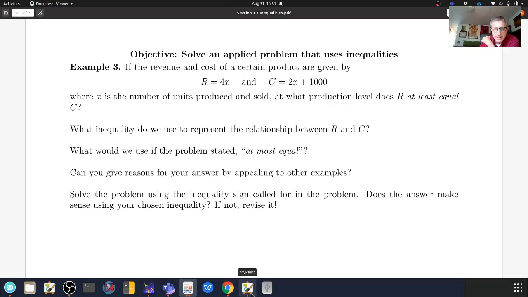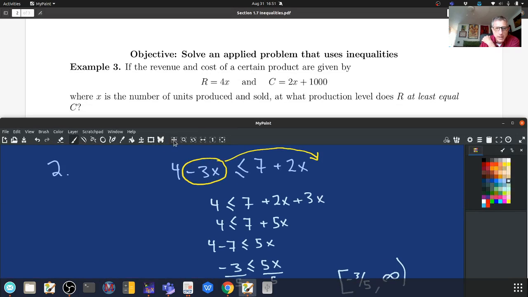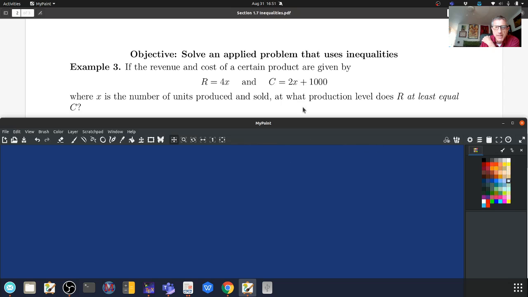So let's translate R at least equals C. And then once we figure out that, we're going to be good to go. So what is R? There's a relationship of R, which is our revenue, and C, which is our cost.